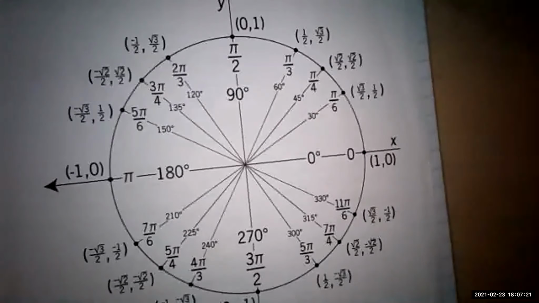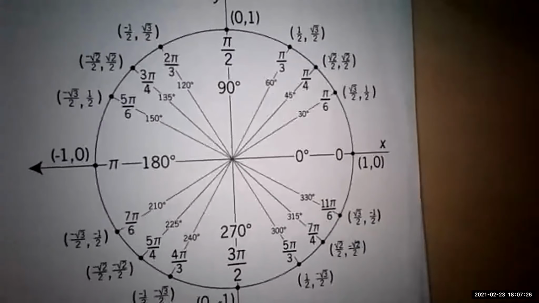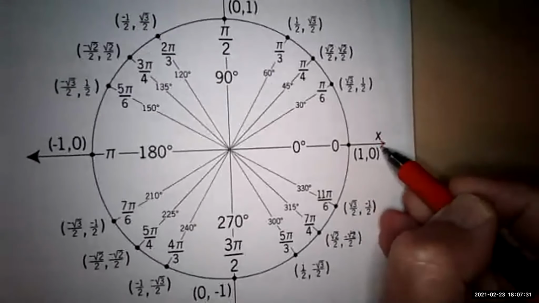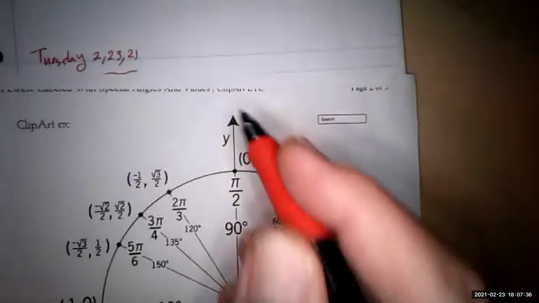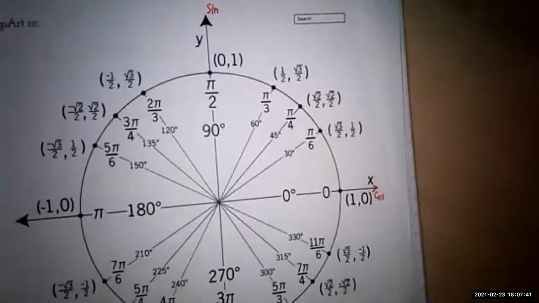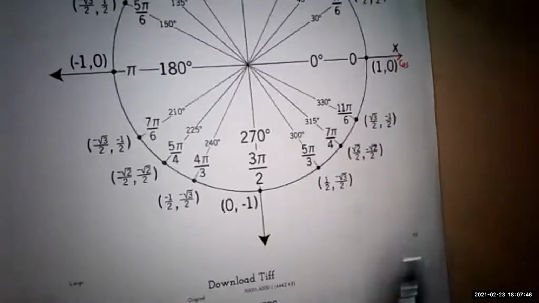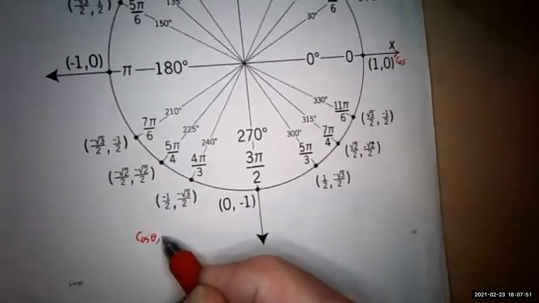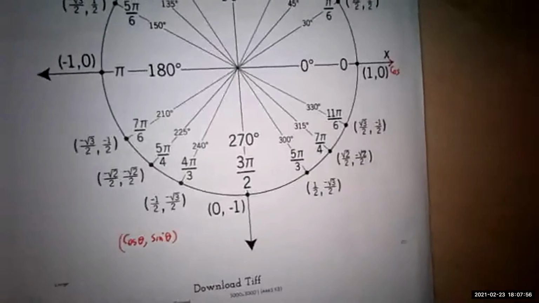When you use this unit circle chart, remember we talk about how we're going to work with this one. This is cosine, and this is the sine. Any of these points represent, for the angle, the first number as the cosine of theta, and the second number as the sine of theta.